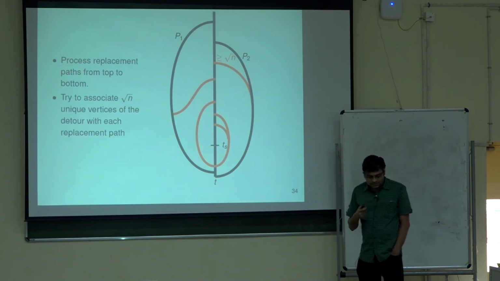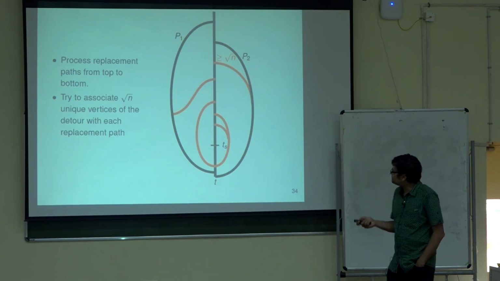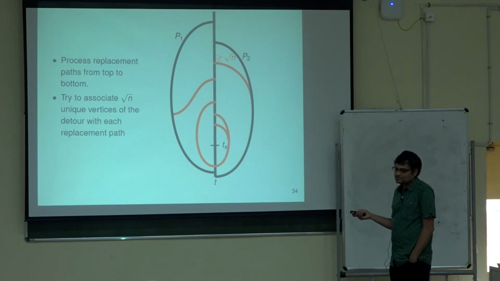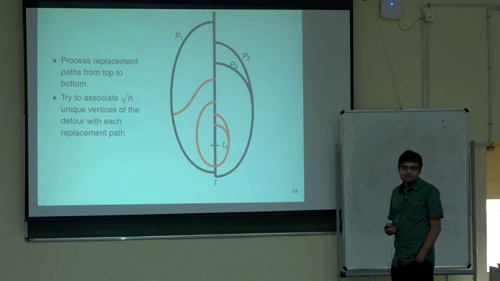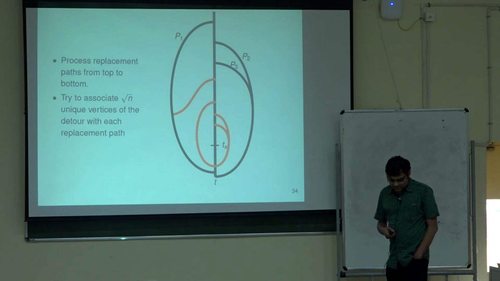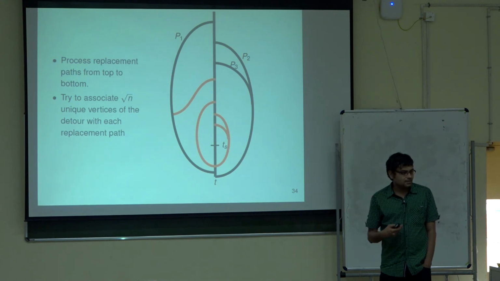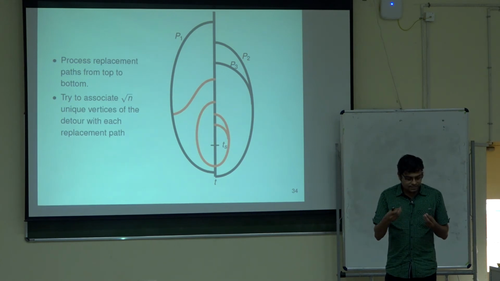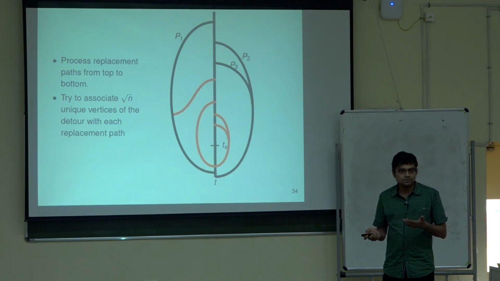Now suppose that the number of vertices on this orange path is greater than or equal to square root of n. Then I will associate them with P3. So these are basically good events for us, in which we are able to associate square root n vertices with each replacement path. If only good events happen, then you can see there will be only square root of n such replacement paths.